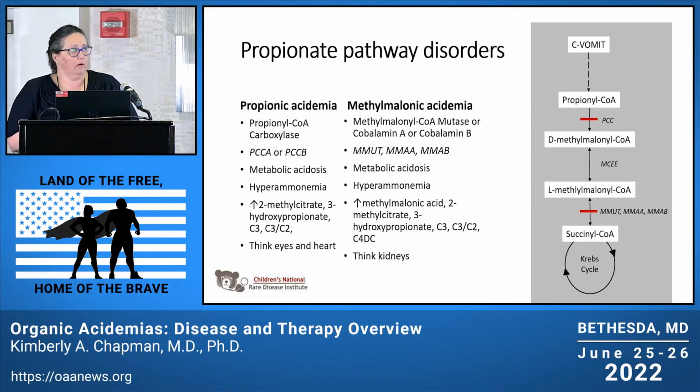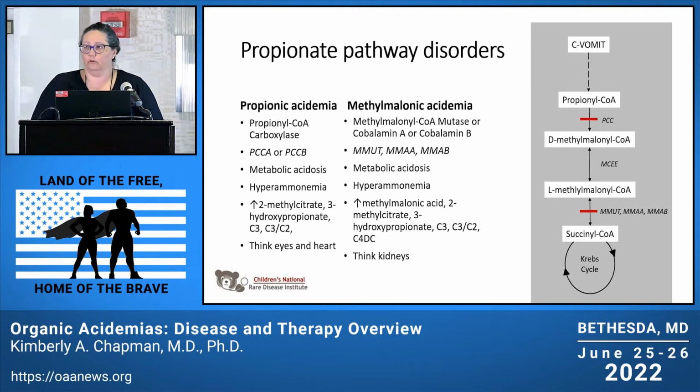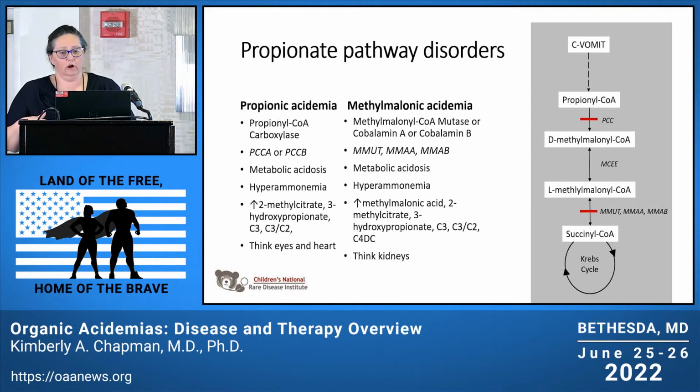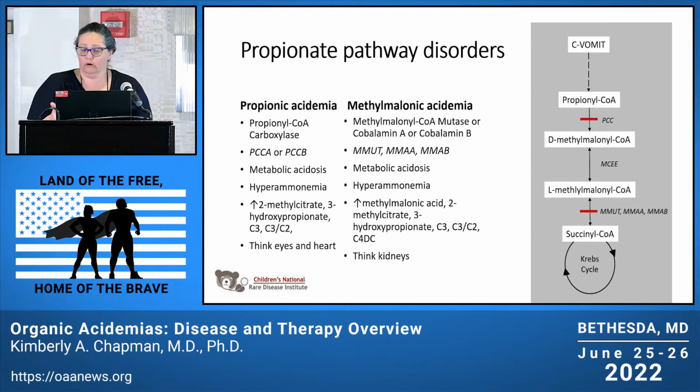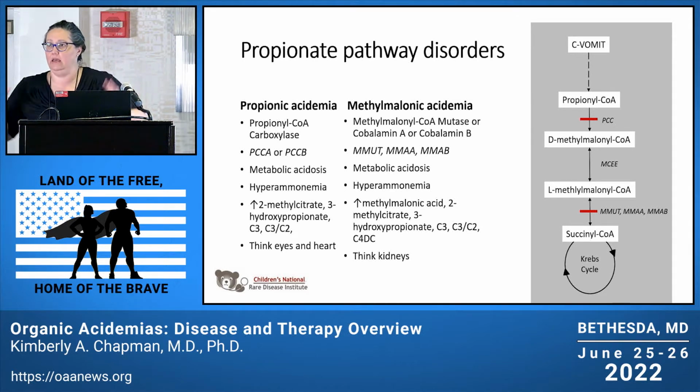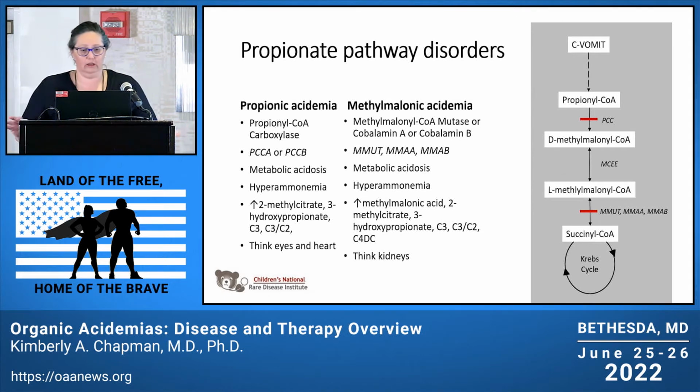This gets, by propionyl-CoA carboxylase, further broken down to methylmalonyl-CoA, and finally gets broken down by methylmalonyl-CoA mutase, cobalamin A and cobalamin B, to succinyl-CoA, which is a major component of the Krebs cycle, citric acid cycle, or tricarboxylic acid cycle. Does anyone remember this from high school? I'm watching 1, 2, 4. Basically, it helps us make energy, okay? That's all you care about.